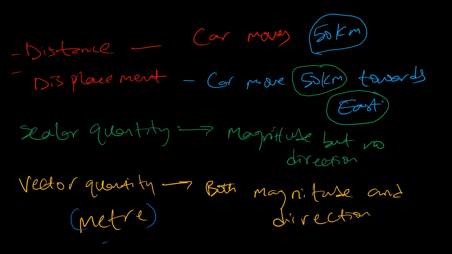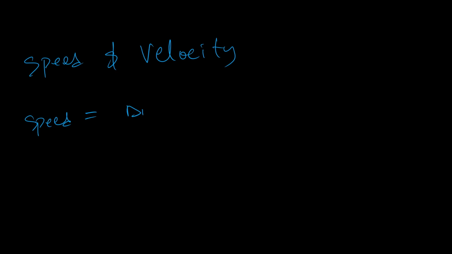Okay, so I hope that's clear. So that's the first basic concept. Another concept we are going to look at is speed and velocity. Now speed basically is the distance moved divided by the time taken.